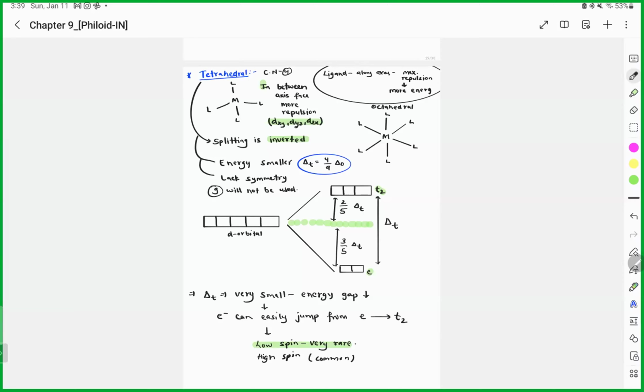No doubt? Okay. Other guys, go through it, revise the full crystal field through the notes, don't write anything, and tell me your doubt.